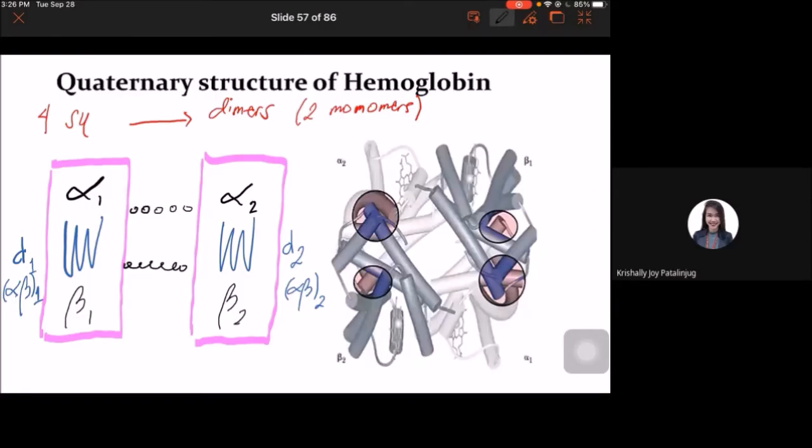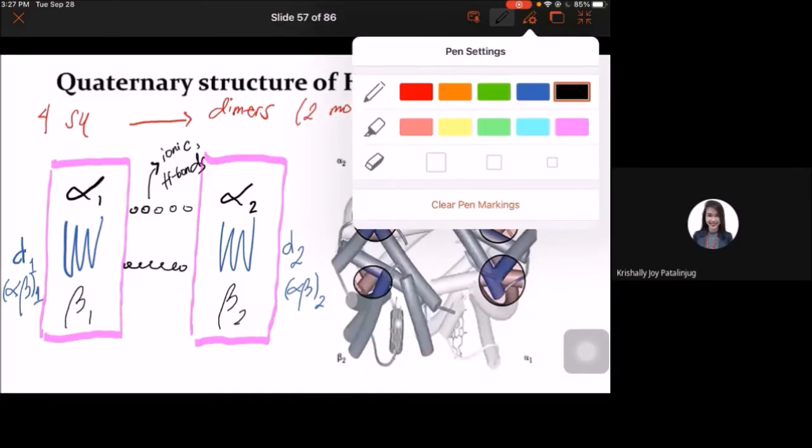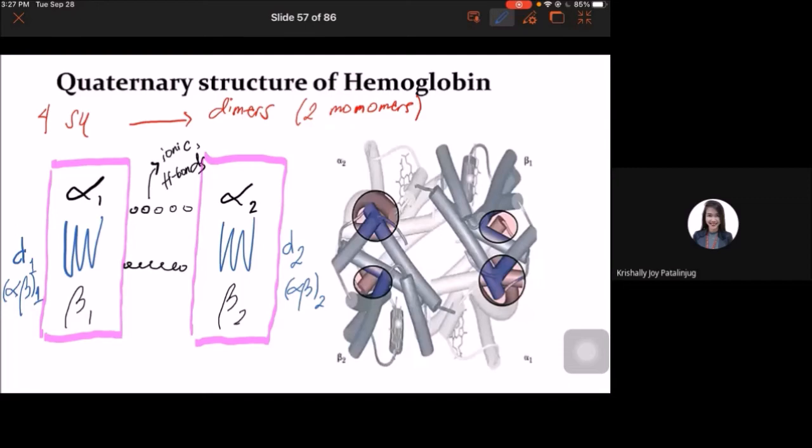Let's have first the forces of attraction that we can observe between the dimers. Between the two dimers, we can observe ionic bonds and also hydrogen bonding. And for the force of attraction within each of the dimers, the observable force is hydrophobic. Is hydrophobic polar or non-polar?